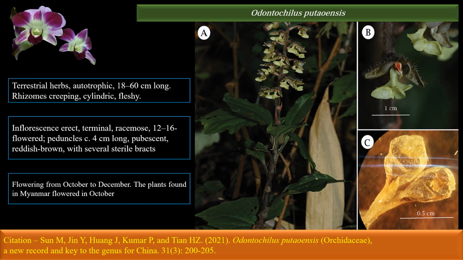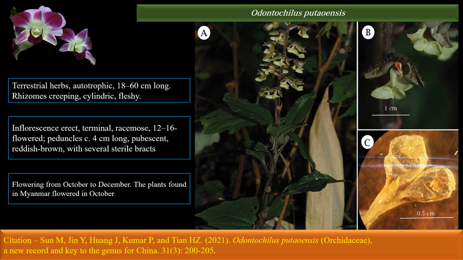This is a terrestrial orchid, as you can see from this picture clearly the habit and the habitat also. It is a terrestrial herb, autotrophic, 18 to 60 cm long, rhizome creeping, cylindric and fleshy.